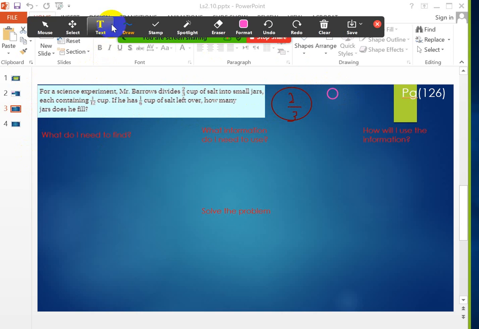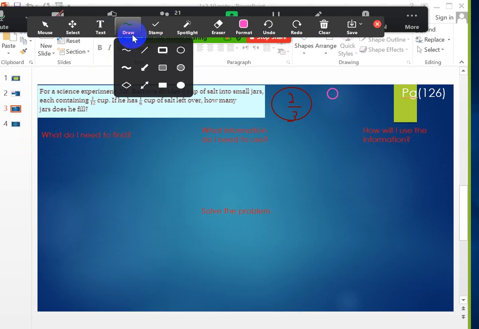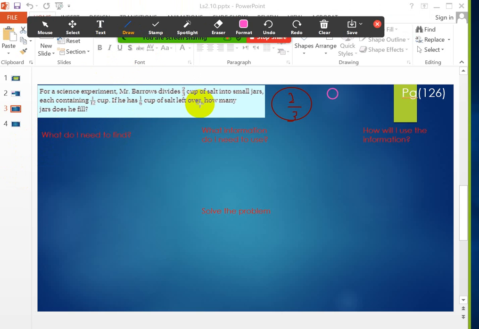Also, the first step, how to read the problem, how to understand the problem. First thing, what do I need to find? What I need to find is the question in the problem. As I said, you have to look for the question in the problem.